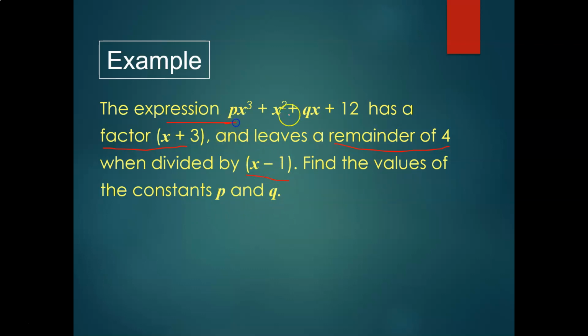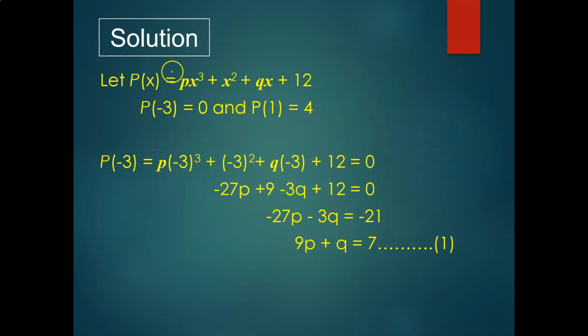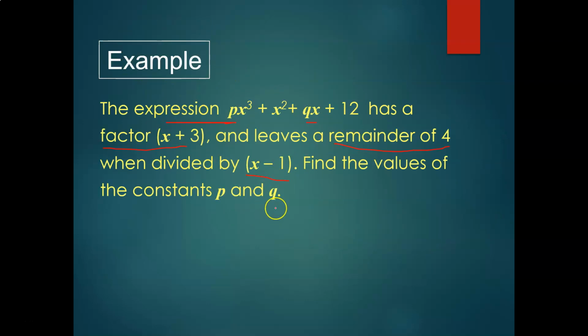So kita ada p, kita ada q dekat sini. So kita let lah our polynomial is this one, and it said that dia kata has a factor. Kalau this one, sorry, so x plus 3 ni is a factor, so you can obtain x is actually equal to negative 3. So you're going to substitute this negative 3 into this polynomial.